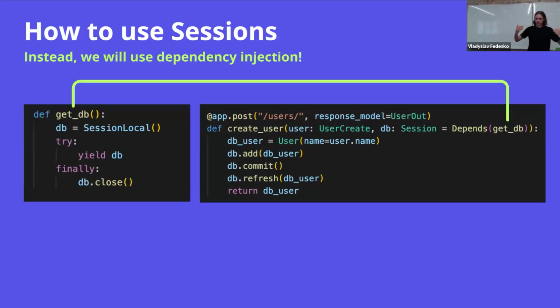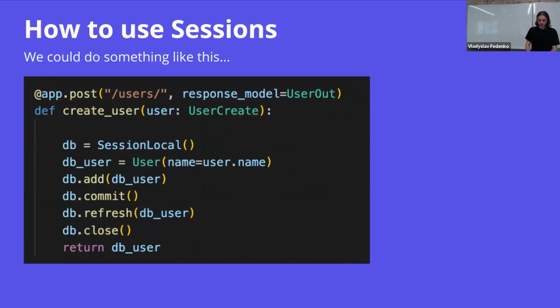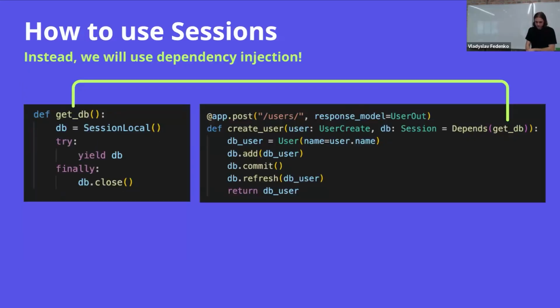So what do we have as a result? We don't need to open a session every time in every route. For a project where we may have 500 routes like this post users, we will save many thousands of lines of code, because we don't need to open a session and we don't need to close it.